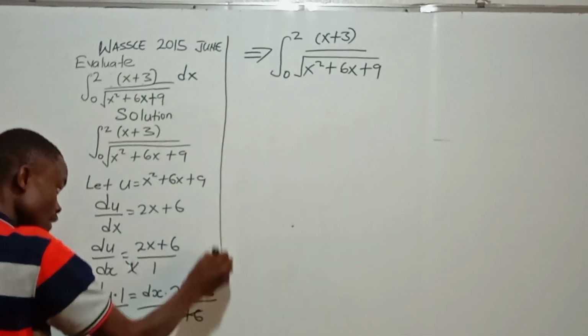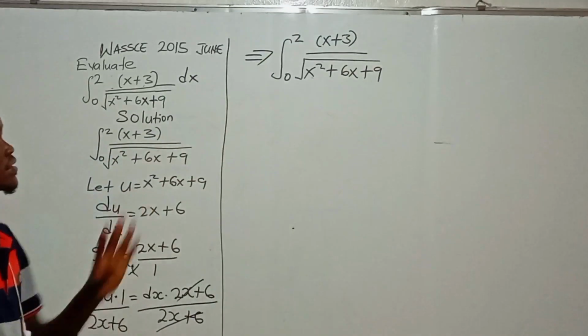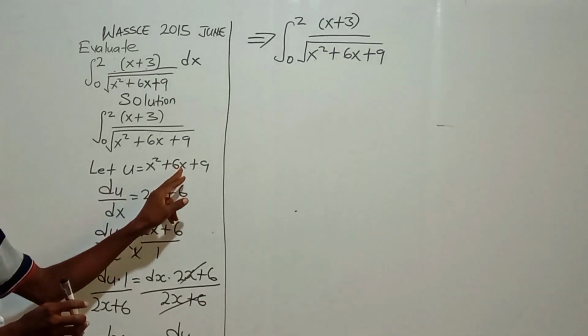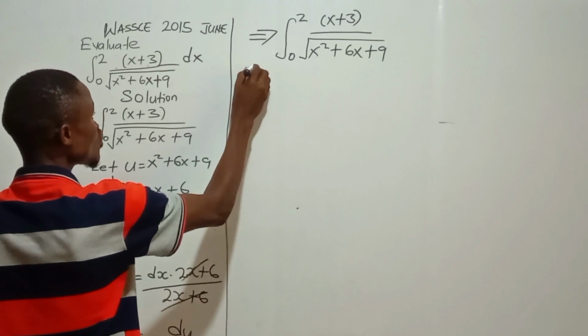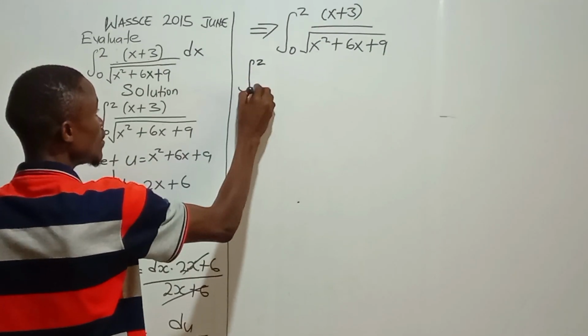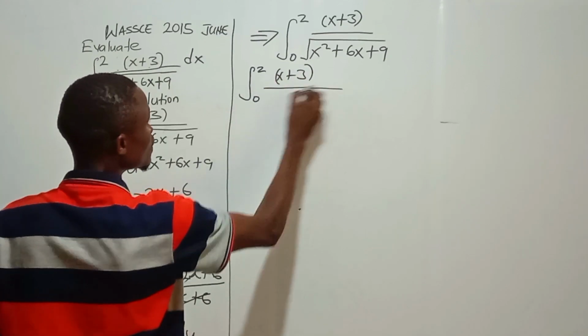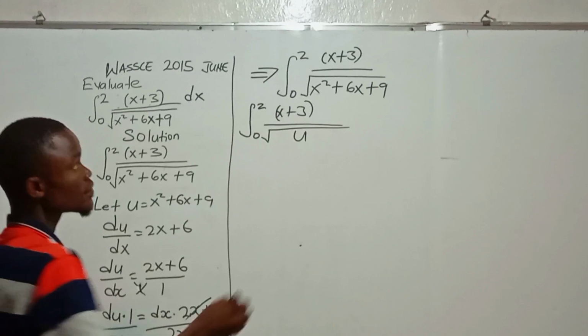So from this point, we let x squared plus 6x plus 9 be equal to u. So wherever you see this expression, you substitute u.